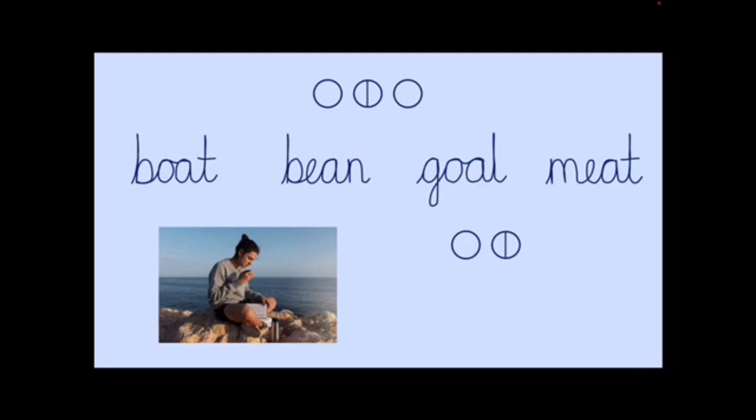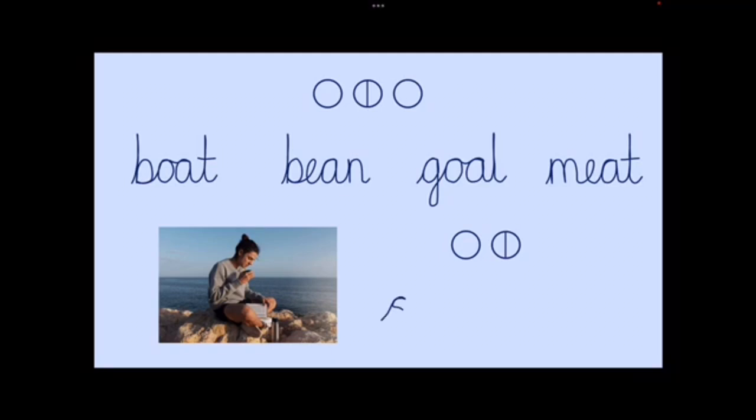Any idea? The picture shows you someone who's poured a drink out of his flask as he sits by the sea. And I think that drink, while he reads his book, could very well be a cup of tea.